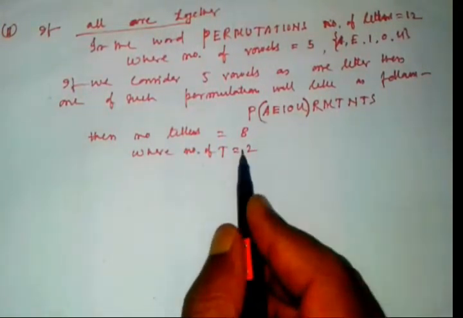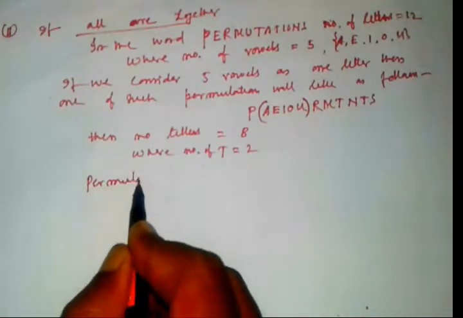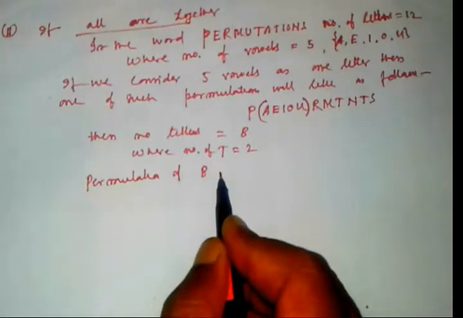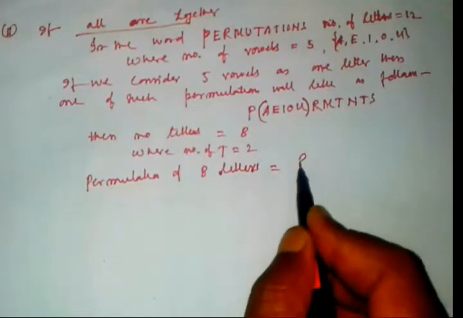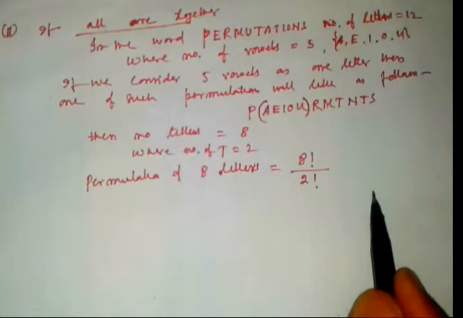Therefore, the permutation of 8 letters is equal to factorial 8 divided by factorial 2.